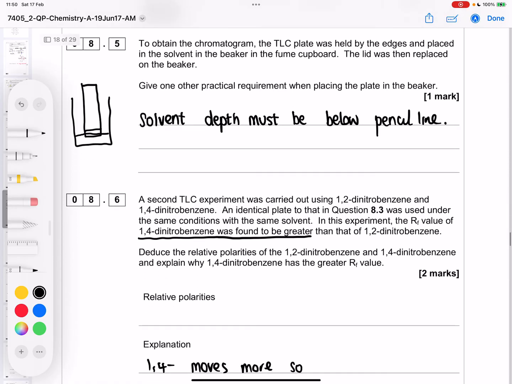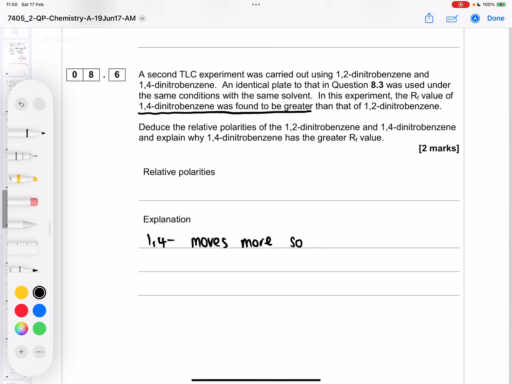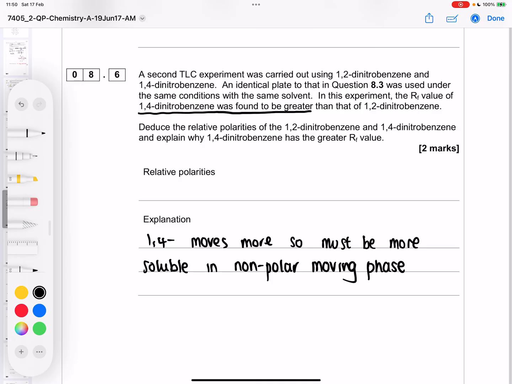Okay, so because 1,4 moves more and our moving phase was non-polar, so it must be more soluble in the non-polar moving phase, then 1,4 is the more non-polar one, and we're being asked to deduce the relative polarities.